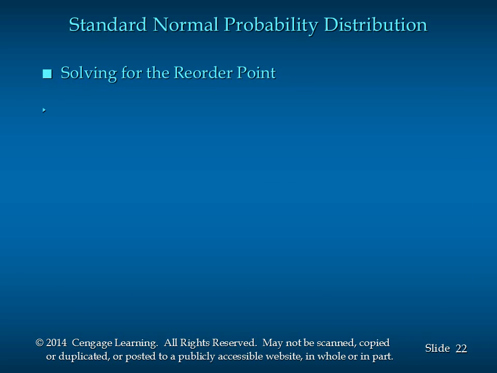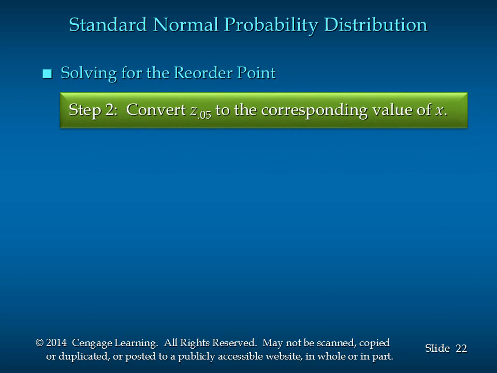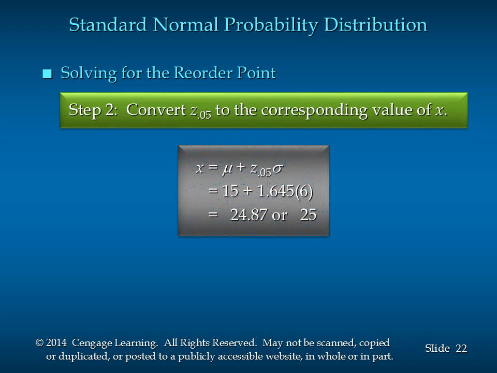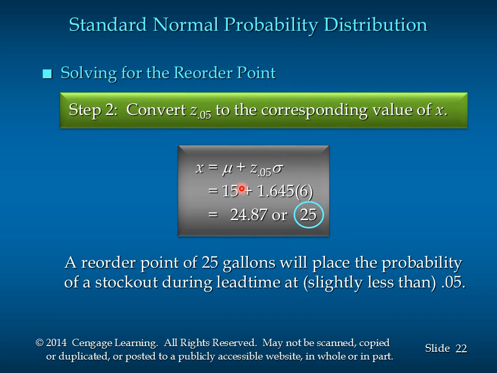You went to the tables, converted it, and here we go. Now you can kind of back into this a little bit. You can manipulate these numbers mathematically as well. If you're trying to find the exact point x, the formula we had before was z equals x minus mu over sigma.